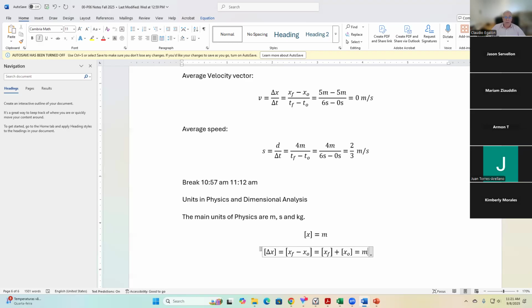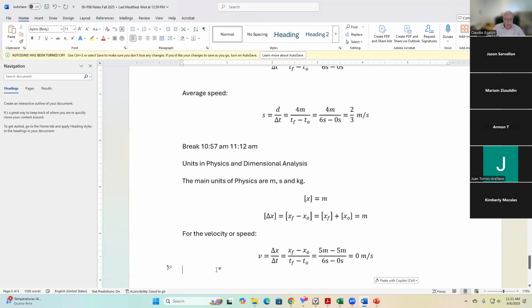Okay, dimensional analysis. Now, what about for the velocity? Here you go. We do something similar for the velocity or speed. We put the v in the square brackets to denote the unit of that quantity.